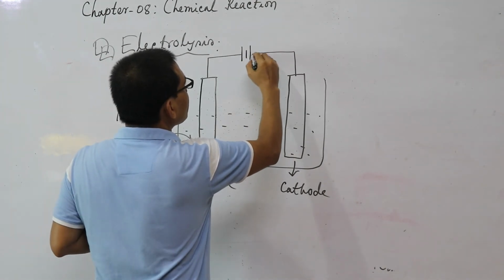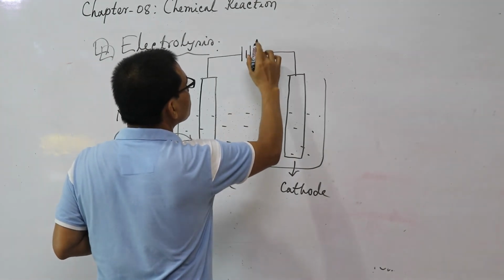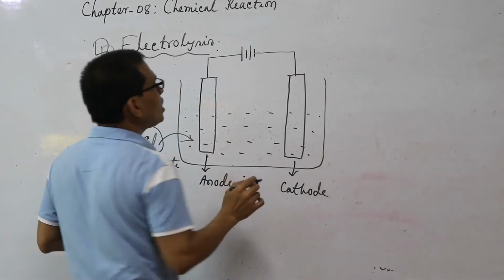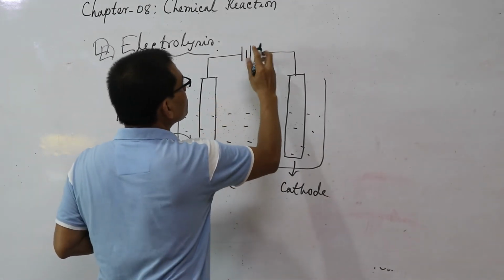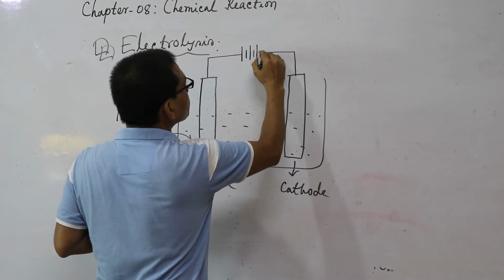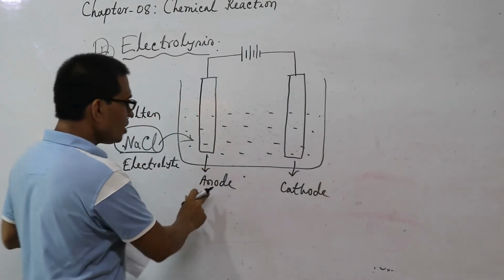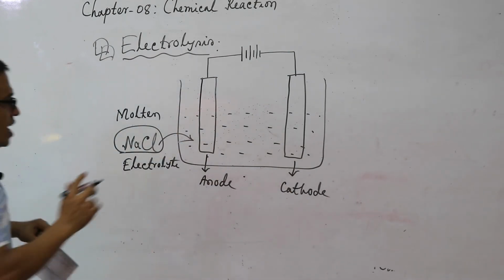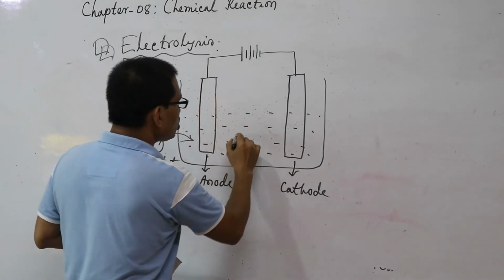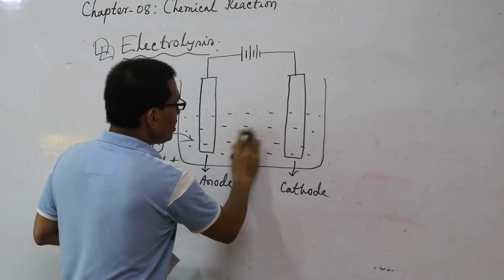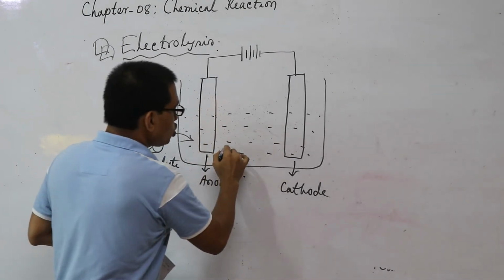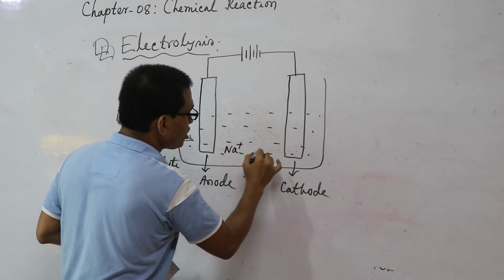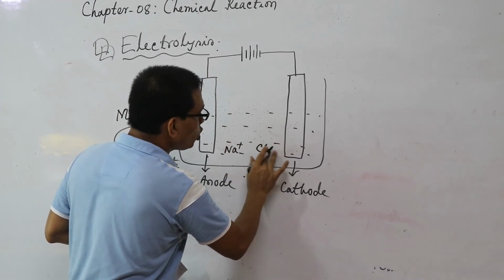We will connect an electric source. It is anode, it is cathode, and in this part there is sodium chloride, and in molten state sodium chloride will remain as sodium ion and chlorine ion.